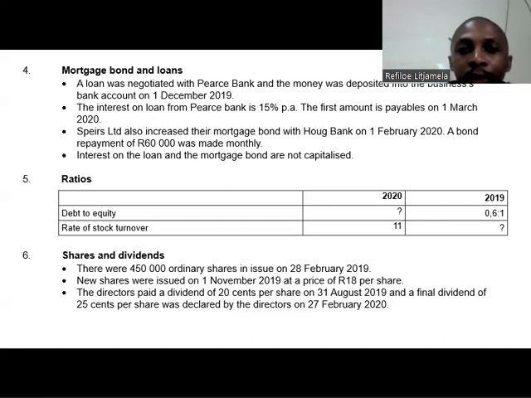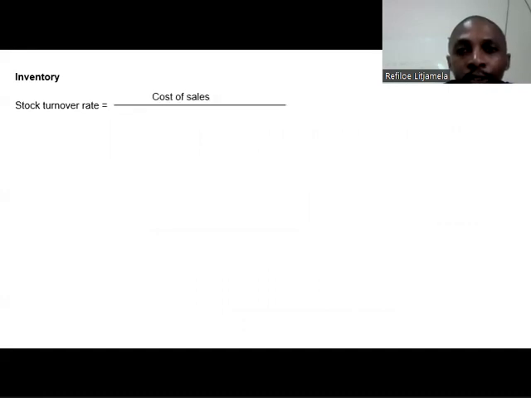What is the formula for calculating the rate of stock turnover? It is simply cost of sales divided by average stock, which is just the average inventory.